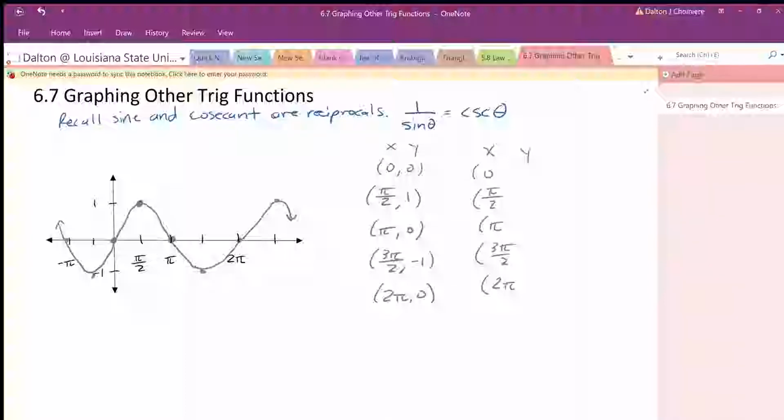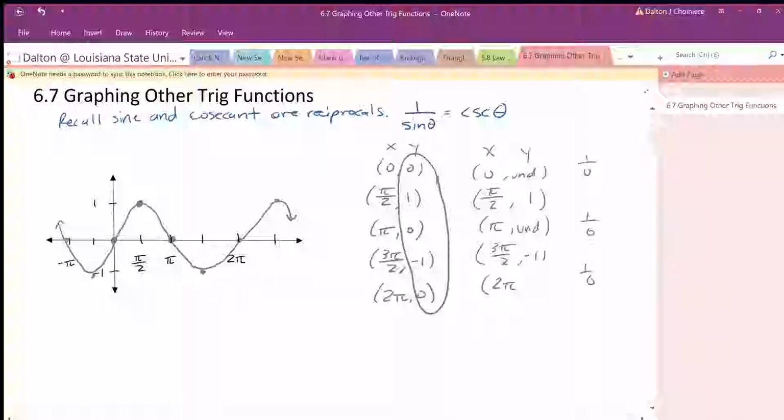So I'm going to look at these y values and take their reciprocals. Well, 1 over 0 is undefined. Then my next value is 1, and 1 over 1 is just 1. The next value, again, I have 1 over 0, which is undefined. The next one I have 1 over -1, which is -1. And then again I have 1 over 0, which is undefined.